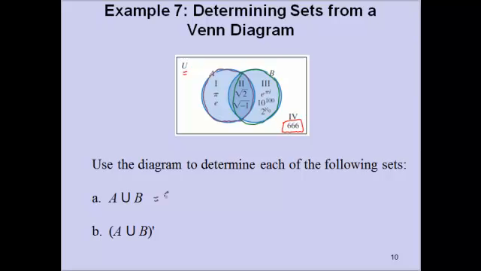And so we're going to set up our braces here, and A union B is going to be all 7 of these numbers, and the only number we're going to exclude is the 666 because it's outside of A and B, right? So we're going to have pi, we're going to have e, we're going to have the square root of 2, and we're going to have the square root of negative 1, our imaginary number.